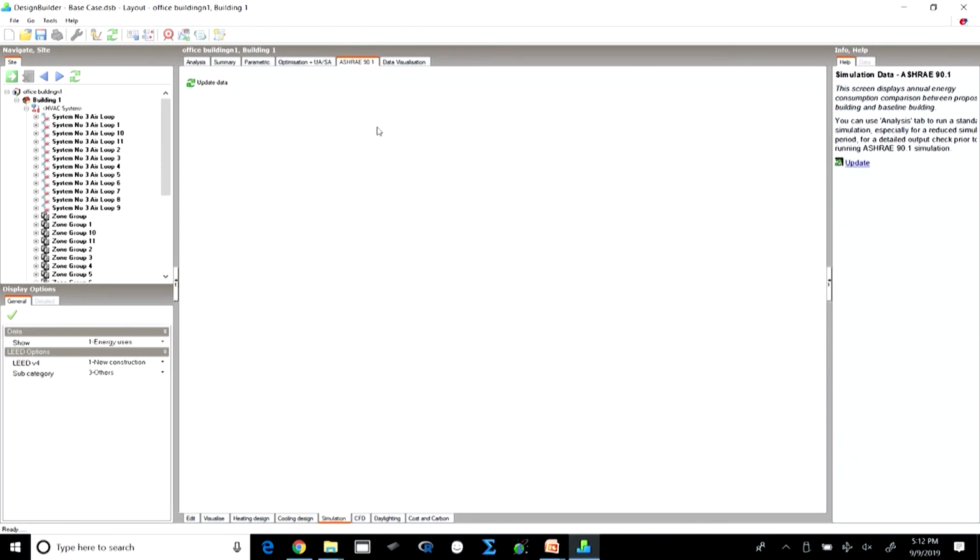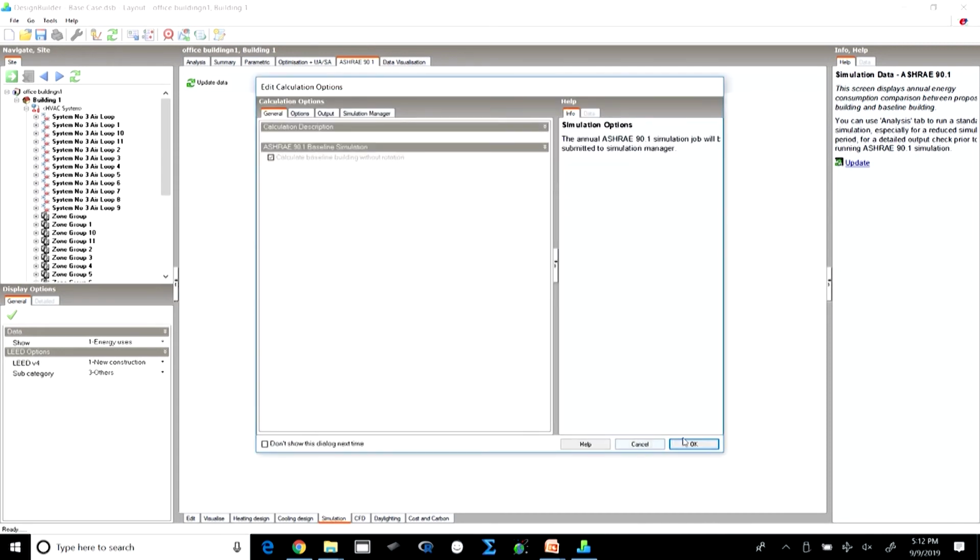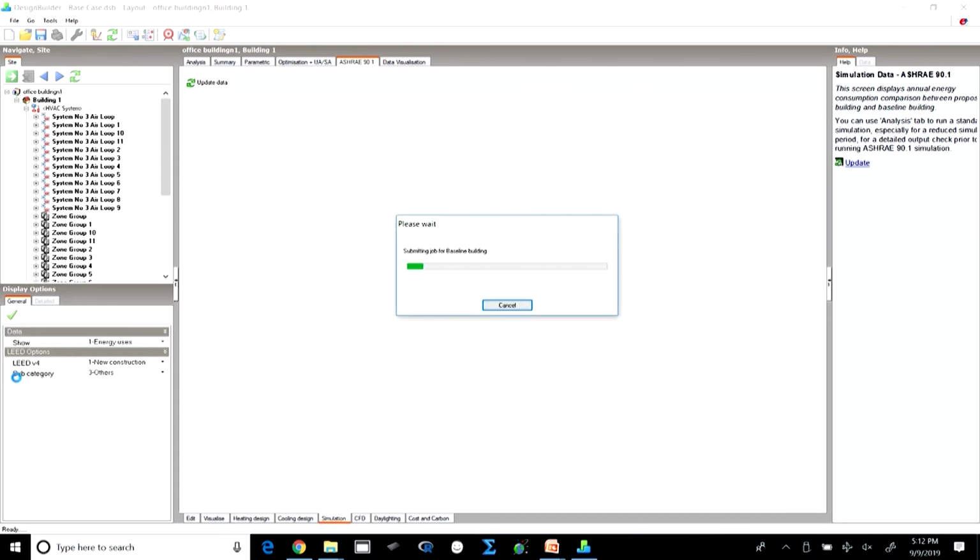If we look at this ASHRAE 90.1 option, and we simulate it, it will give us a summary of what the baseline building is. So, it will give us the performance on the basis of the same simulation results which we have done here.